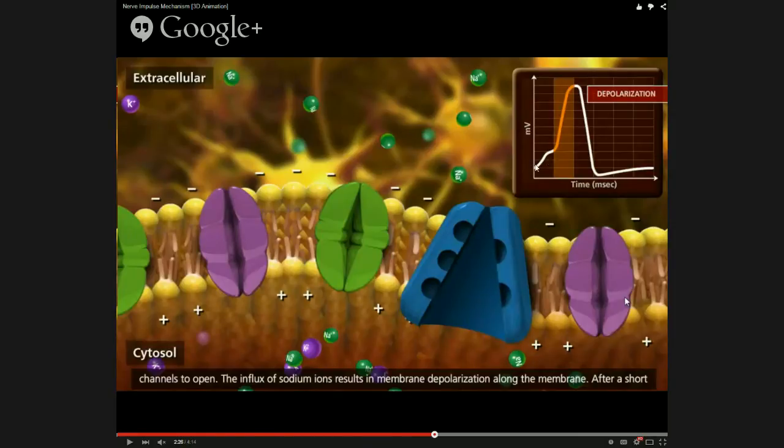When the stimulus gets it up to threshold, then the green channel will open and sodium's being pumped out all the time. But once this channel opens up, it rushes in. And as soon as it rushes in, it's going to start being pumped out again. But the rate at which it comes in is going to change the membrane potential and get us up here. So those two things are going on at the same time.